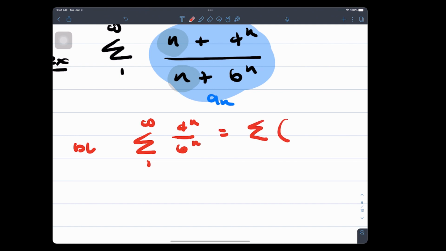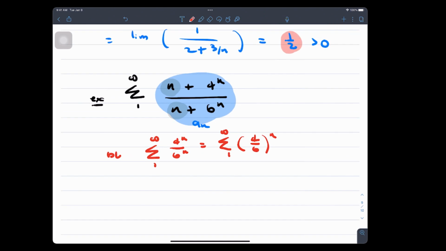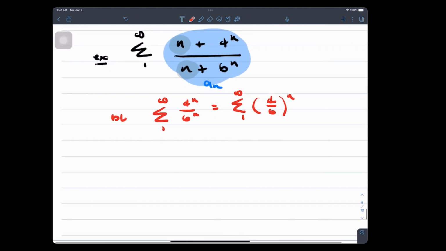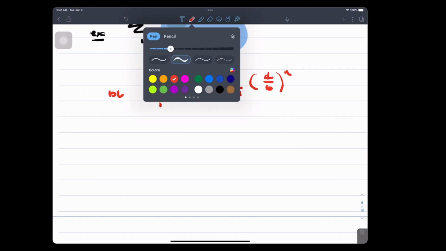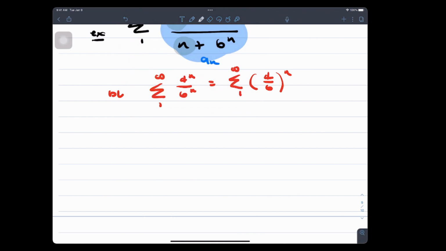And that's going to be 4/6 to the n, which is a convergent geometric series, by the way. Right? Or 4/6 or 2/3. But we've got to look at the limit of a_n to b_n. So this is the b_n.